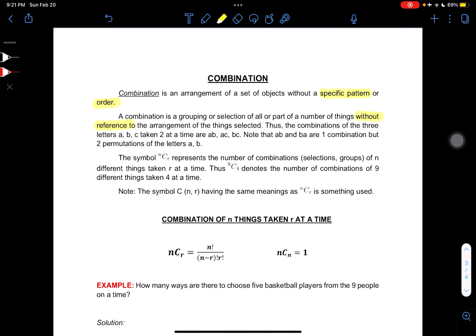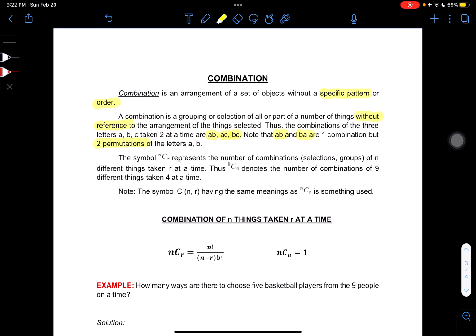So combination of 3 letters A, B, C taken 2 at a time are, for example, AB, AC, and BC. Note that AB and BA are one combination but 2 permutations of the letters A and B. So that is an example of the difference between combination and permutation.